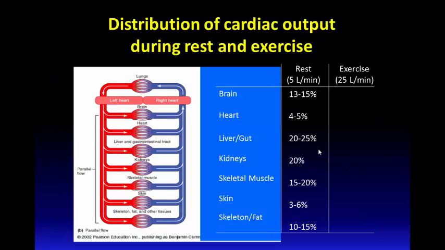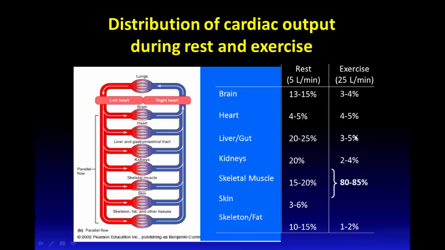Here we have the distribution of the cardiac output during rest and also during exercise. At rest, the cardiac output is approximately 5 liters per minute, and during exercise, as you all know, the cardiac output increases up to 25 liters per minute in ordinary subjects, and it might go up to 35 to 40 liters per minute in well-trained athletes.